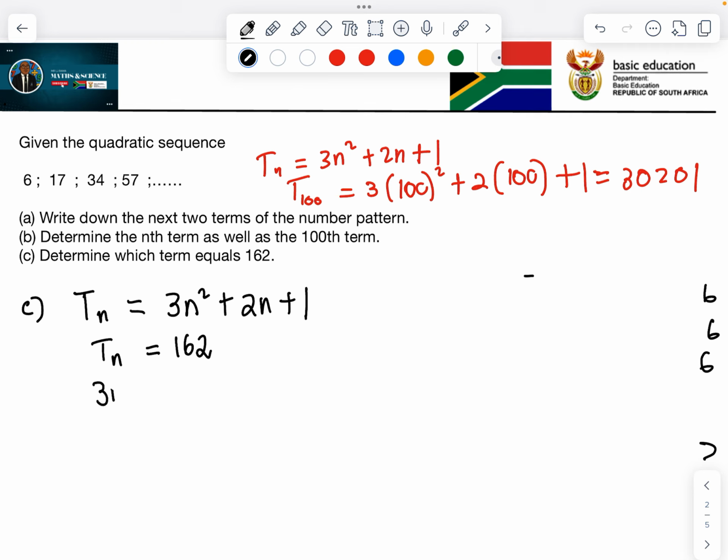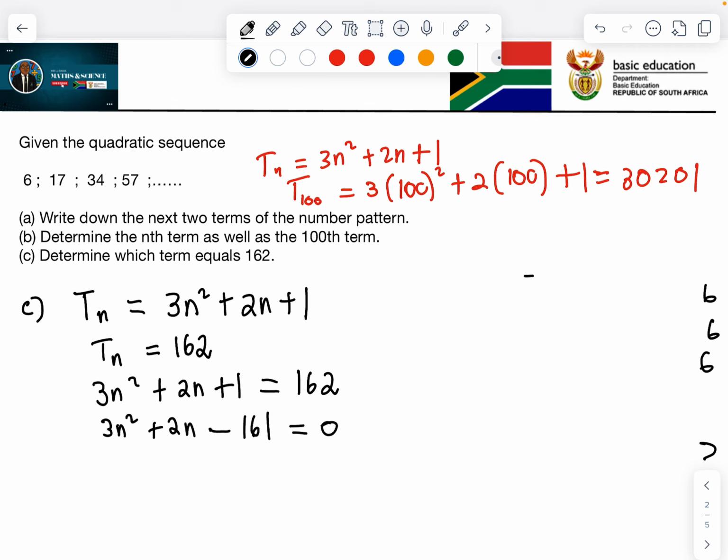So it's going to be 3n squared plus 2n plus 1 equals 162. Then from here, I'll say 3n squared plus 2n, and I'll transpose the 162 to the left, and this will be minus 161 equal to 0 on the right.